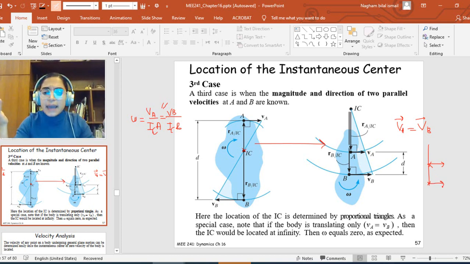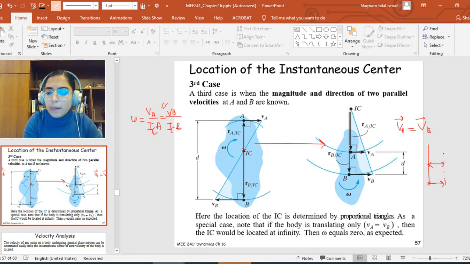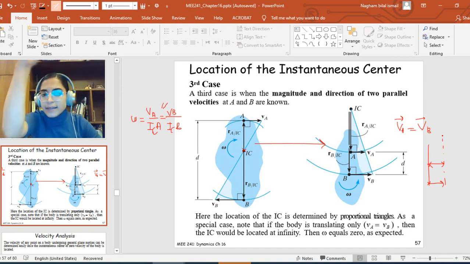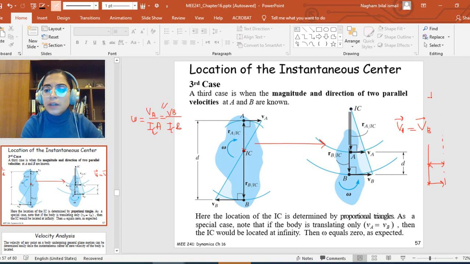And this means that my intersection will be at infinity. And this means also that ICA or ICB will be equal to infinity. So what should I do here? And why do I have an infinite position for the instantaneous center of zero velocity?